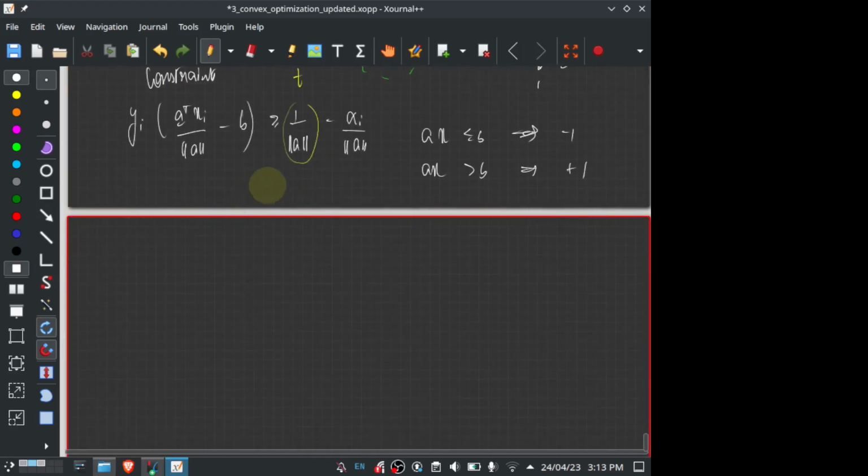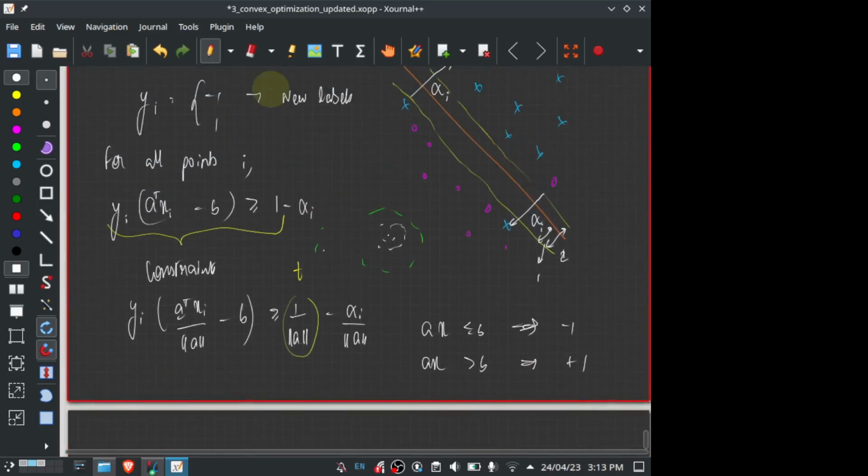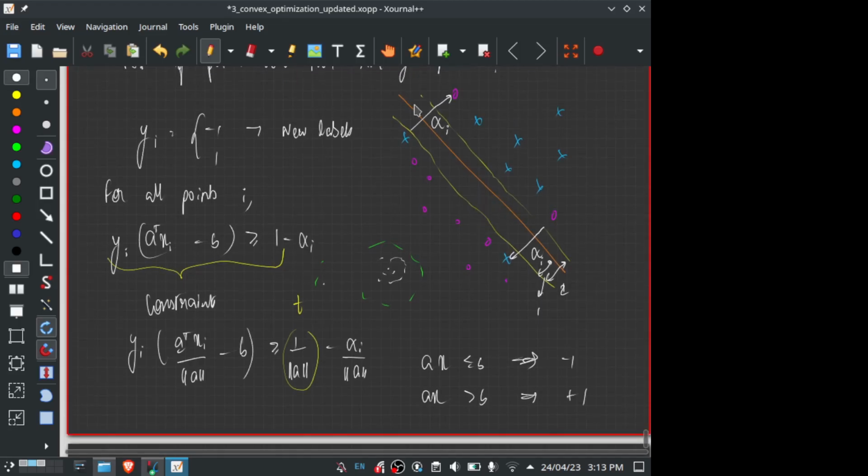So earlier my goal was to minimize minus T. Right now my goal is going to be to minimize norm A in some sense, or some function of norm A. But in addition, I also want the alpha i's to be small, right? So alpha i is the deviation from the margin.